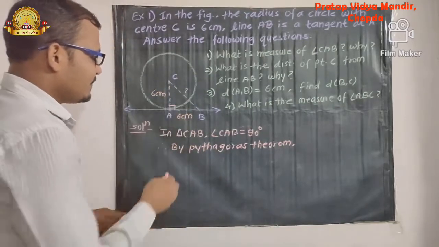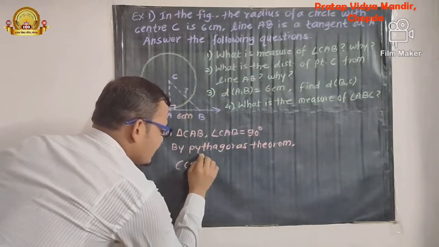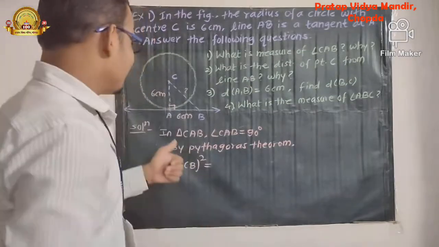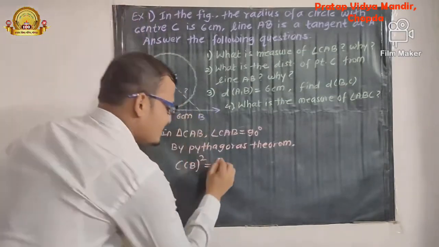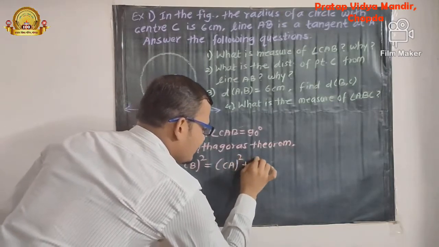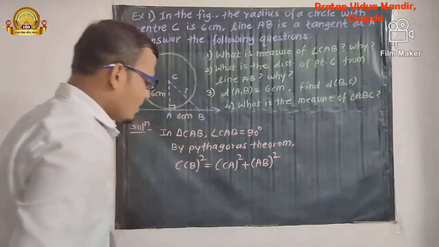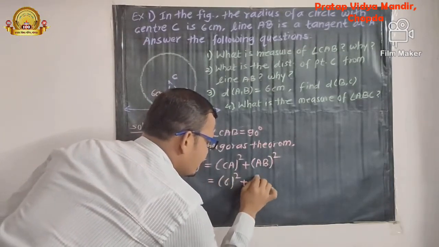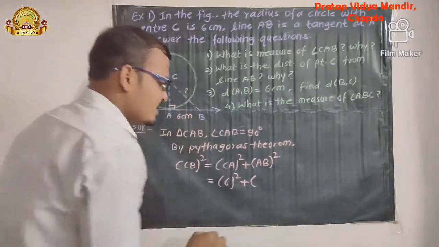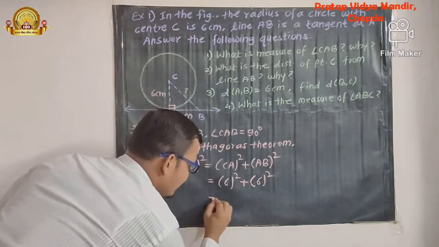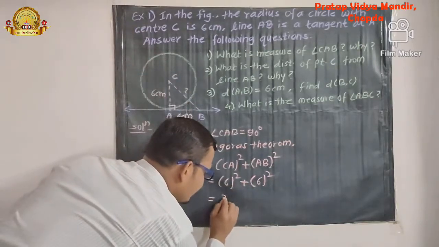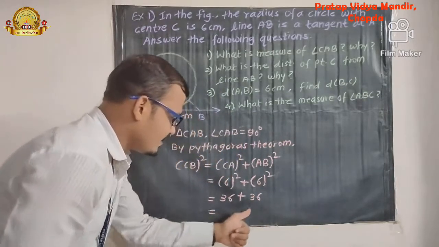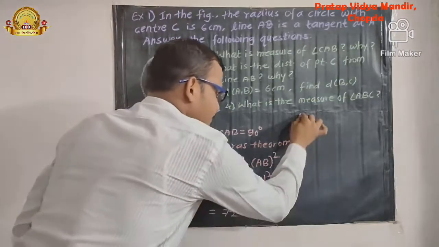According to the Pythagoras theorem, CB square, the square of the hypotenuse, is equal to the sum of the squares of the remaining two sides, that is CA square plus AB square. And what is the value of CA? 6 cm. So 6 square plus the value of AB, which is also 6 cm, so 6 square plus 6 square. What is 6 square? 36 plus 36, 72.